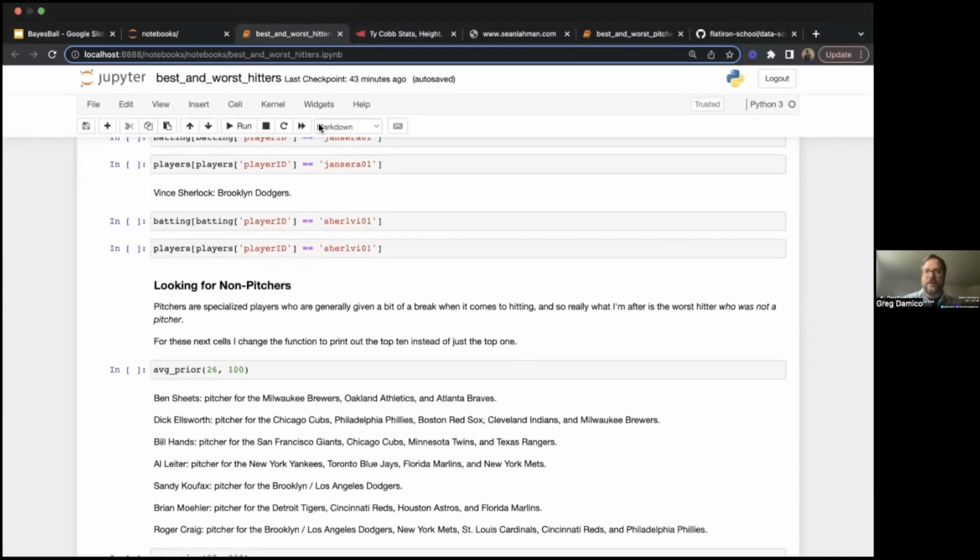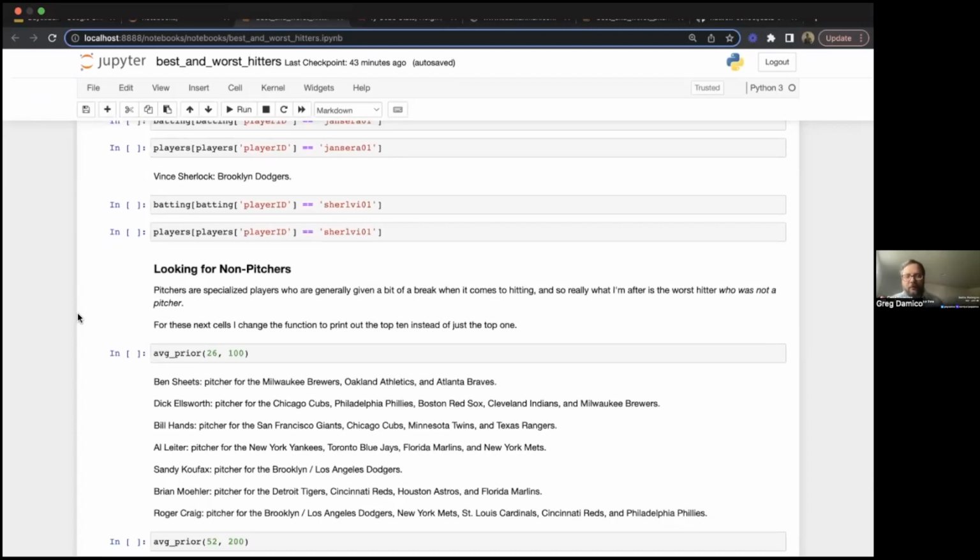Now, one complication here is that all these players we're looking at for their hitting stats, and some of these players are pitchers. And pitchers are sort of specialized players. We give them a bit of a break when it comes to hitting.